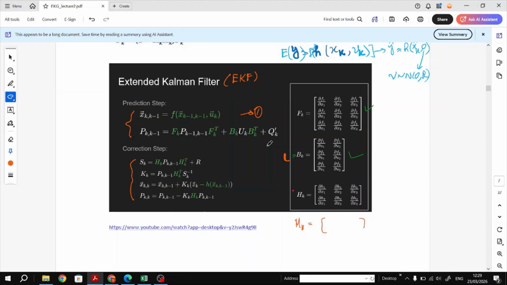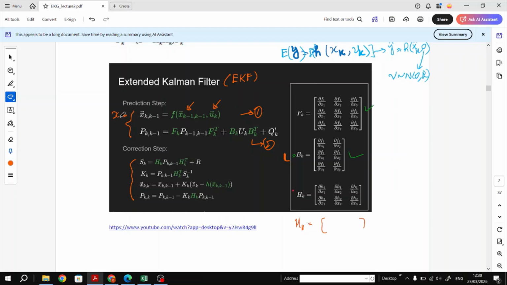In equation number 1, you take the nonlinear function as it is and input your state and your control inputs, and the nonlinear function propagates your state using this input and gives you the predicted state.